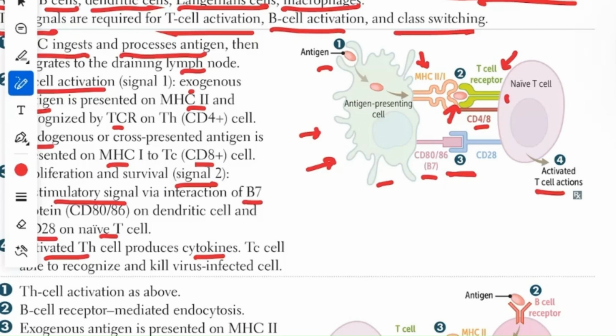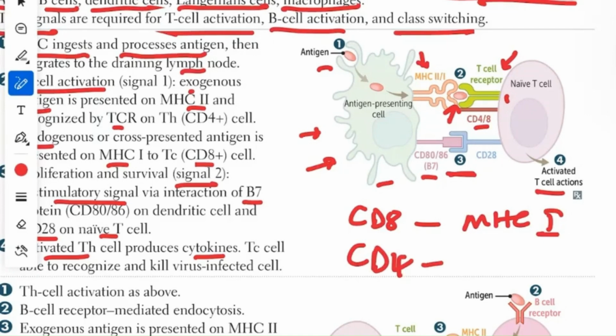We said CD8 kills virus-infected cells, tumor cells, all right? So that will be every other nucleated cell besides APC. APC can also present to CD8. But if it's CD8, you're talking of MHC1, not MHC2. CD4 is MHC2. So I want you to note that. All right. So note that difference.